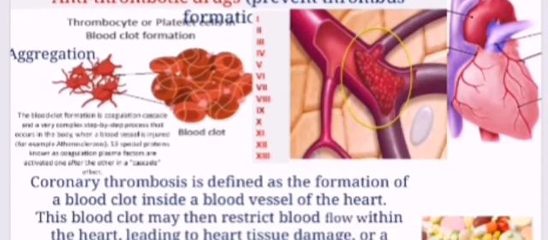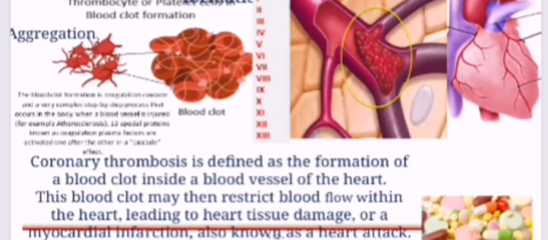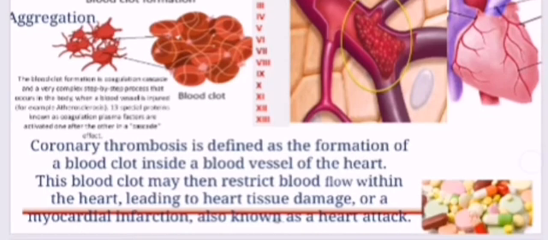Anti-thrombotic drugs prevent thrombus. Thrombocytes are platelet cells in blood clot formation. Aggregation. The blood clot formation is the coagulation cascade, a very complex step-by-step process that occurs in the body when a blood vessel is injured, for example, atherosclerosis.